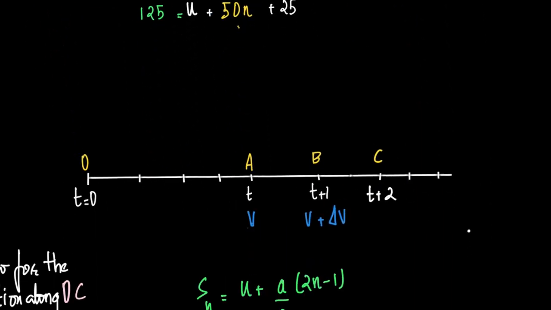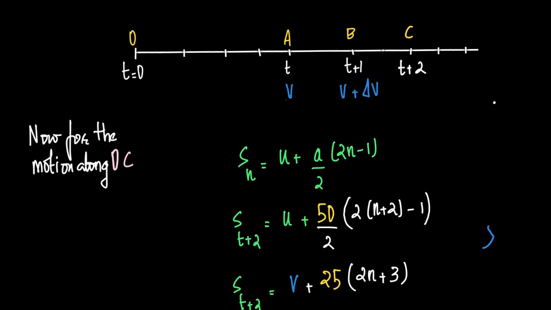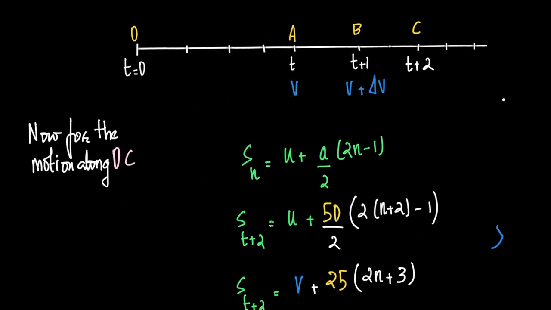Now we will consider the same, but this time for the motion along OC. So let me erase the other terms here. We don't need these terms, right? So we are considering the motion along OC, starting from initial velocity u. Now Sn is equal to u plus a by 2 into 2n minus 1. What would be the only variation here?